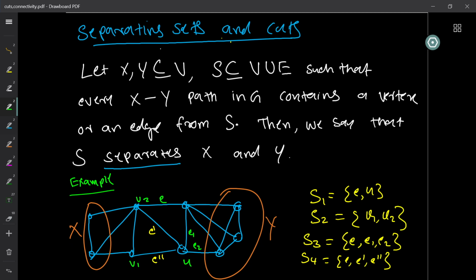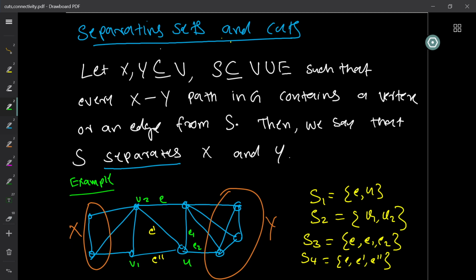So here are some more examples. You have this graph with x being these two vertices and y being these three vertices, and you will see that every path from x to y must pass through either the vertex v1 or v2. So v1, v2 is a separating set, even without any extra edges.